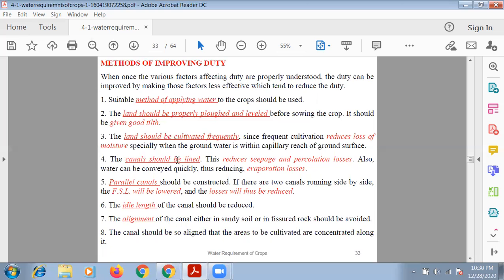The canal should be lined so that there are no seepage and percolation losses, and parallel canals should be constructed, in case there are two canals running side by side, so that the flood level will be lowered and the losses thus reduced.